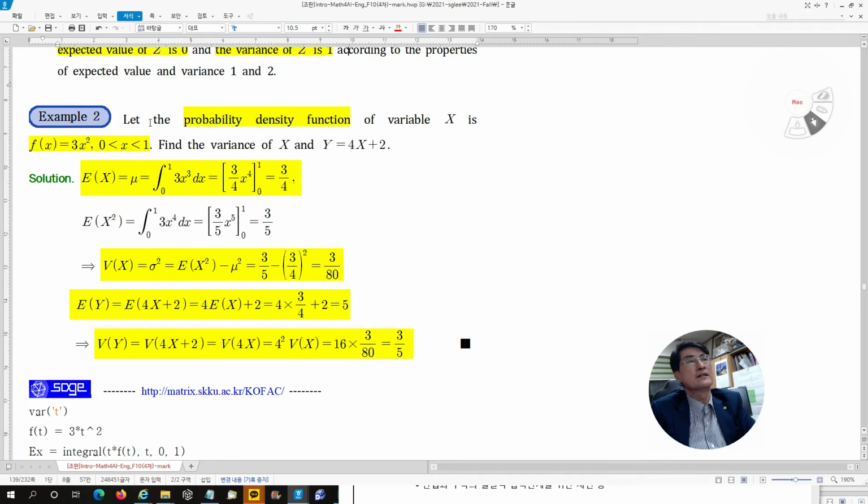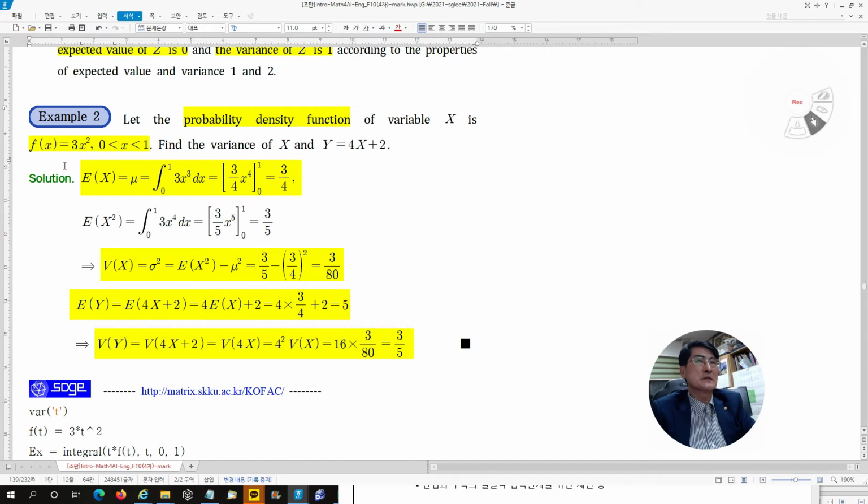Example 2 tells us to find the variance of x and y when the probability density function f of x is equal to 3x squared and y is equal to 4x plus 2.